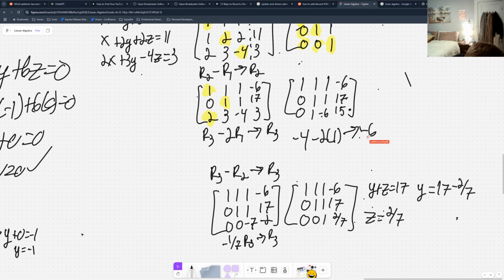That looks good. But we need to do 3 minus 2 times 17. 3 minus 20 plus 14 is 34 equals negative 31.